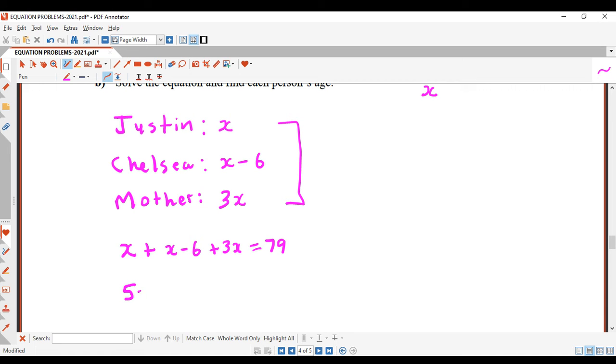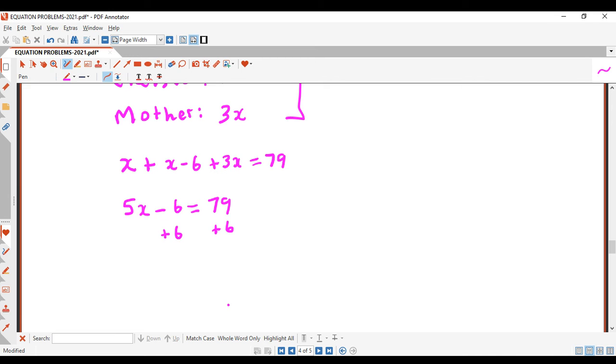That gives 5X, and then plus 6 on both sides. So we get 5X is equal to 85.